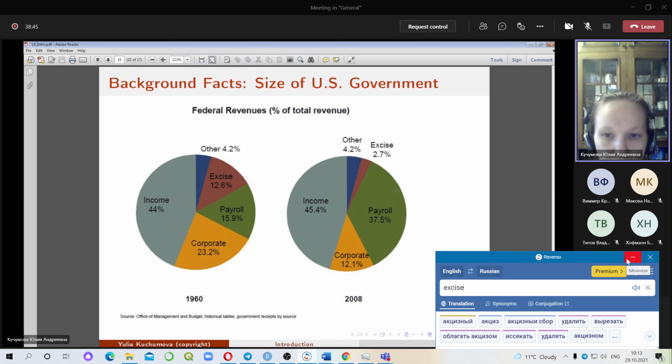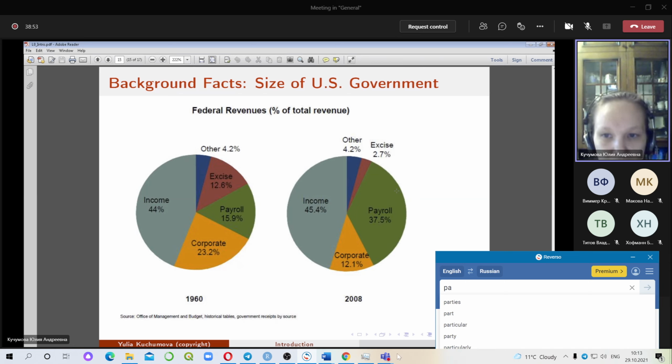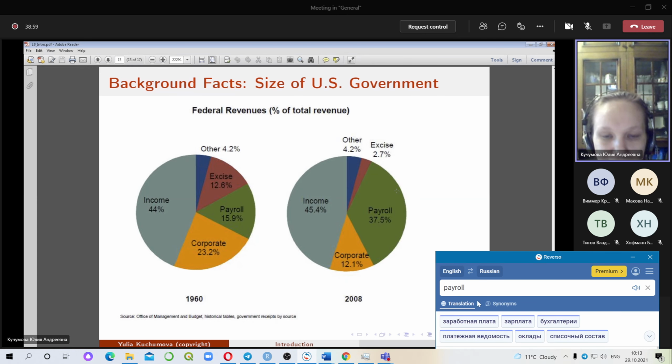Then the payroll tax and corporate tax play a significant role, and the consumption tax does not really play much role for the United States.